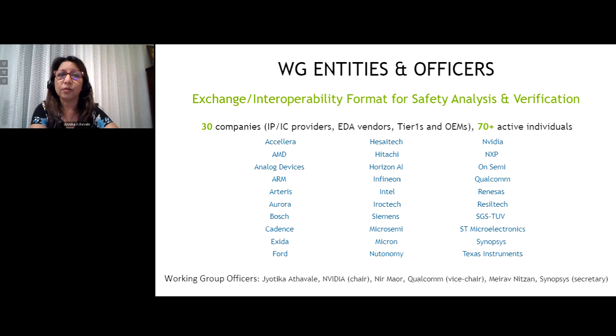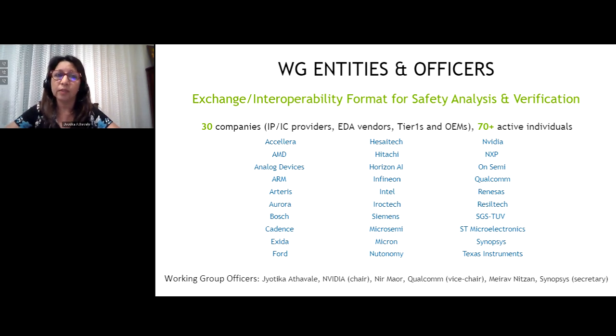So a little bit about who we are and who participates in our working group. The IEEE P2851 has about 30 or so companies that are currently participating. These include representation from entities that are either EDA vendors, that are tool vendors, there's IP or IC providers, there's tier ones and OEMs.